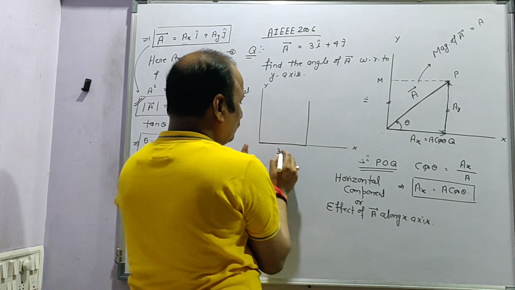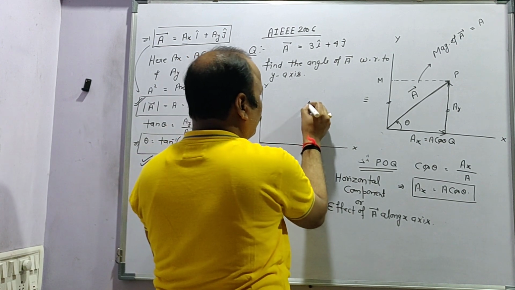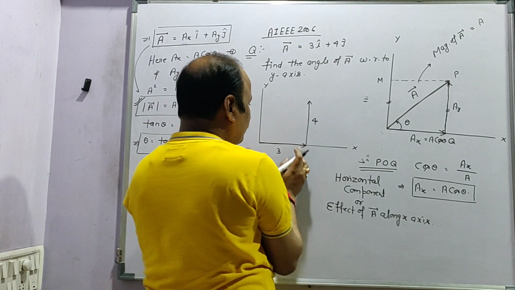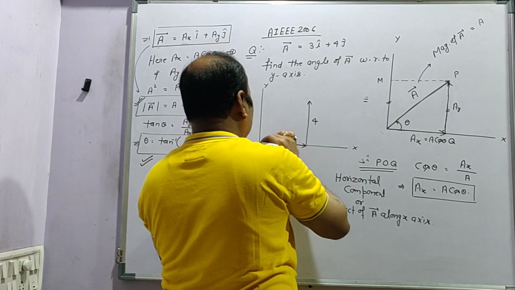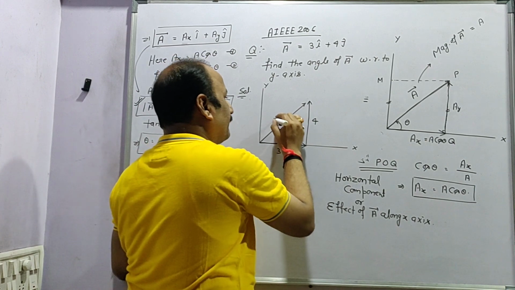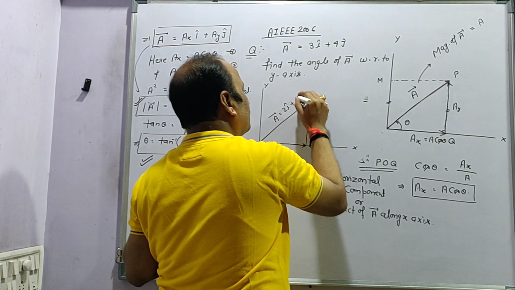If we write 3 i cap, it becomes a vector. If we write 4 j cap, it becomes a vector. So the resultant of this vector plus this vector is equal to this one. This is the resultant, the vector A, that is 3 i cap plus 4 j cap.